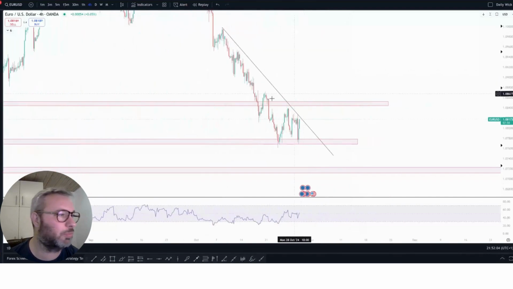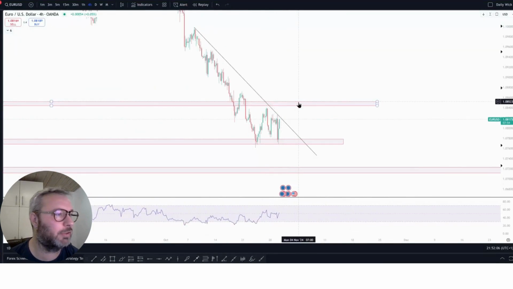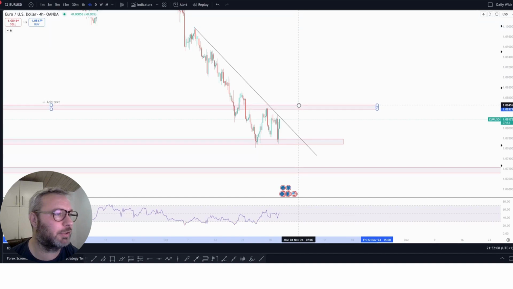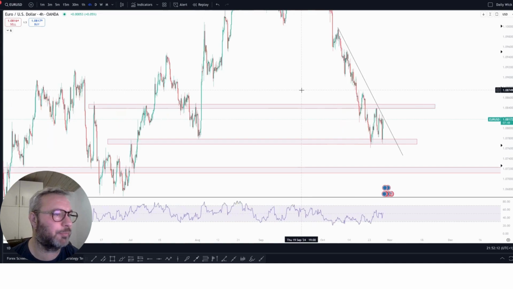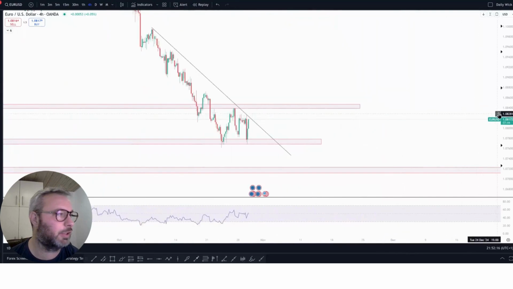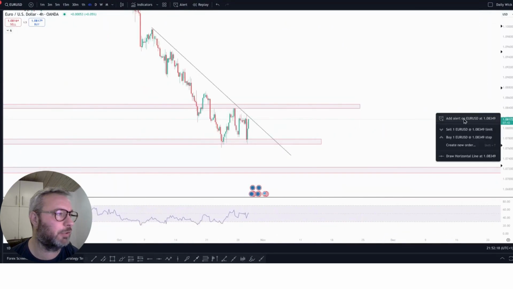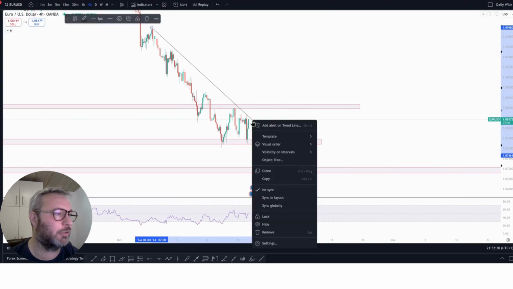No, it doesn't really fit here. What about now? Yeah, it still fits here. That's better, and we give an alert. The trend line also will get an alert.